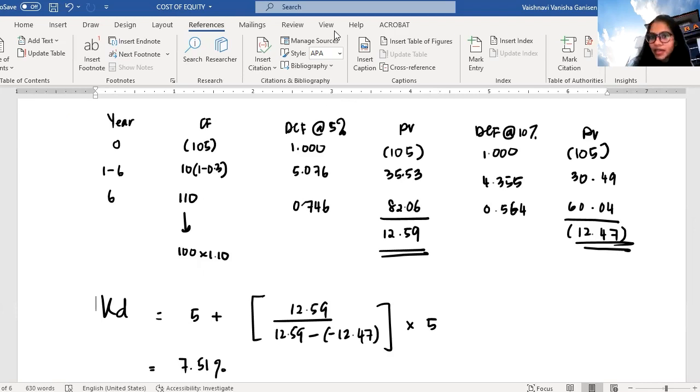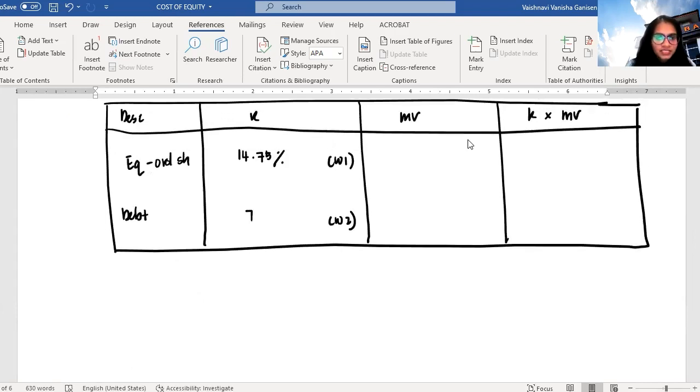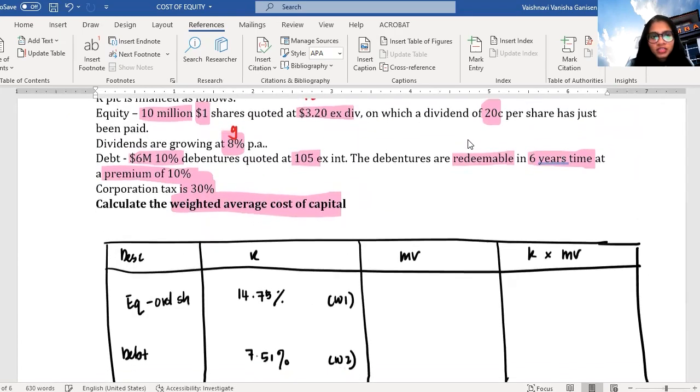So I'm going to apply everything up here. 7.51%. Now, to calculate the total market value of equity, 10 multiplied by 3.20 equals 3.2 multiplied by 10, 32 million.